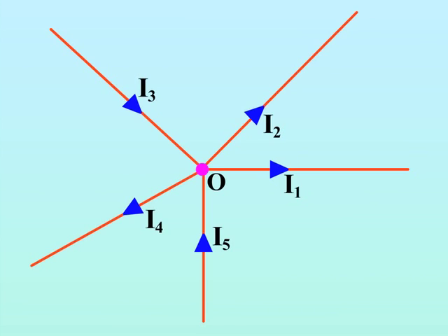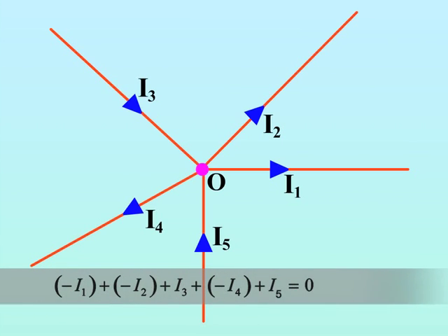We are required to adopt a sign convention. The current flowing in a conductor towards the junction is taken as positive, and the current flowing away from the junction is taken as negative. Then, according to Kirchhoff's first law, at junction O, minus I1 plus minus I2 plus I3 plus minus I4 plus I5 is equal to 0.